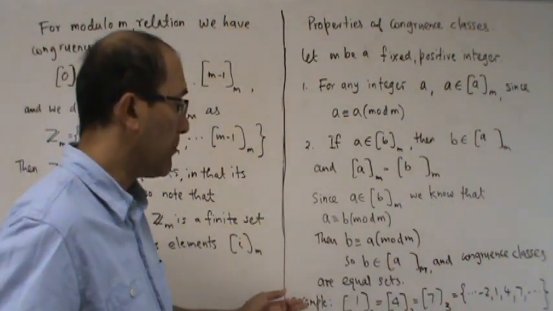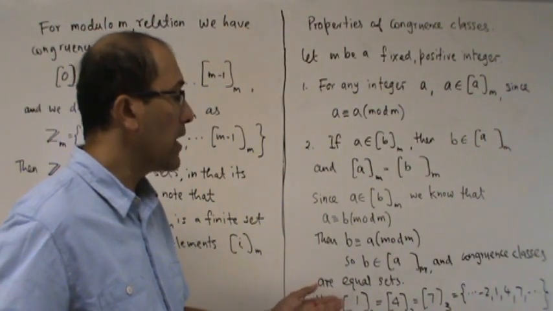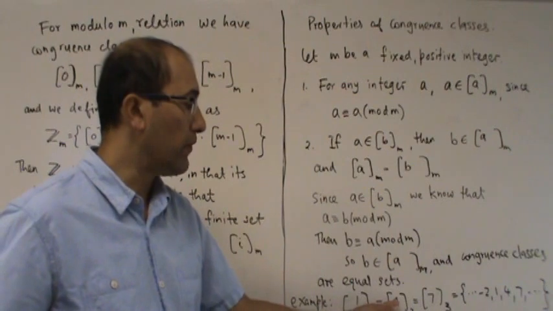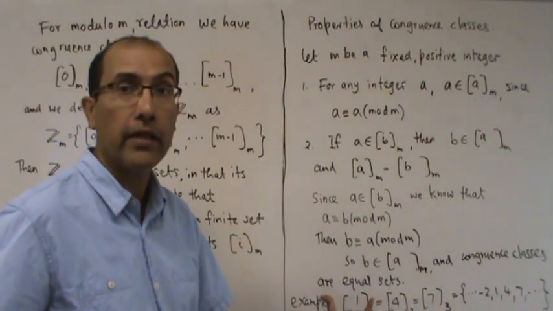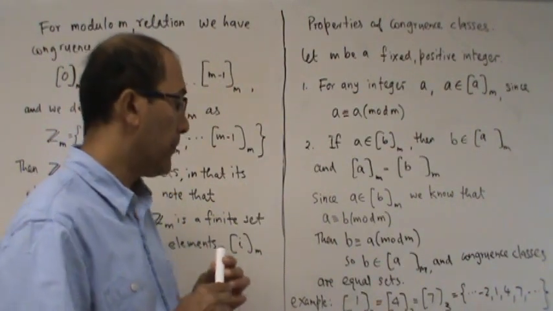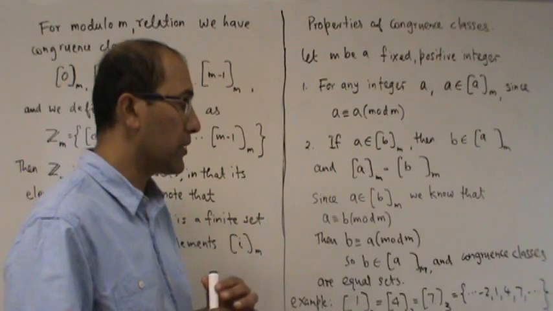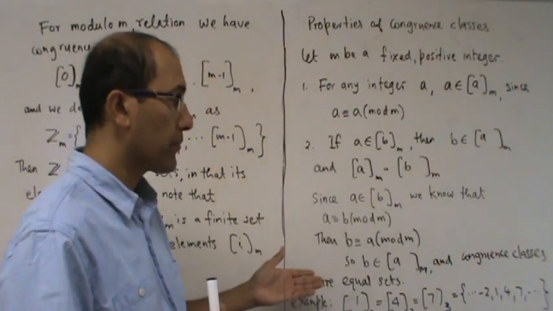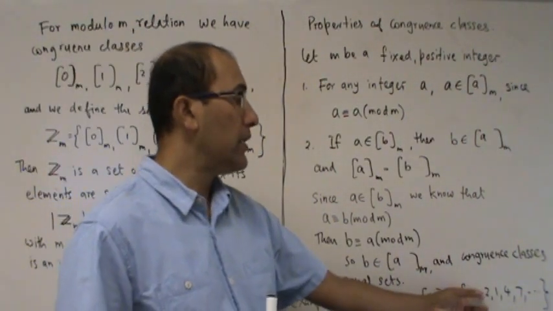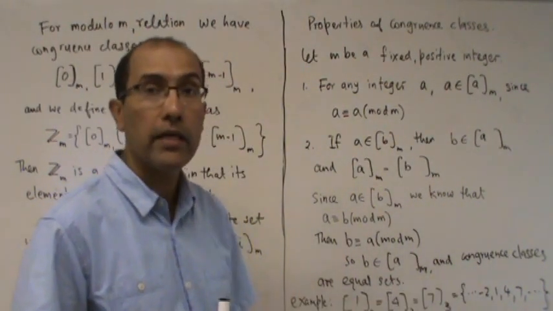So here's an example. The congruence class of 1 is the same as the congruence class of 4, because 1 and 4 are related through modulo 3: 1 minus 4 gets divided by 3. And you will also see that the congruence class of 7 is the same, because if you look at all these integers, all these congruence classes are identical.